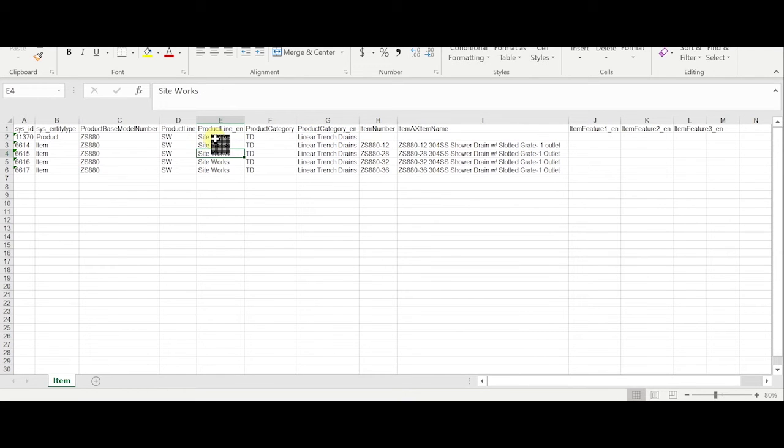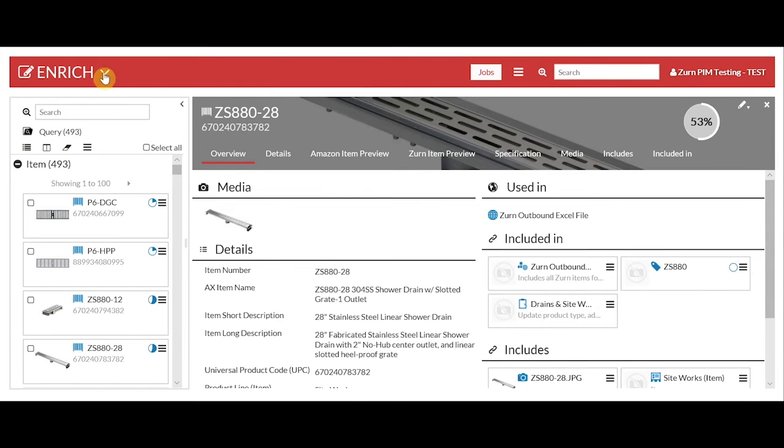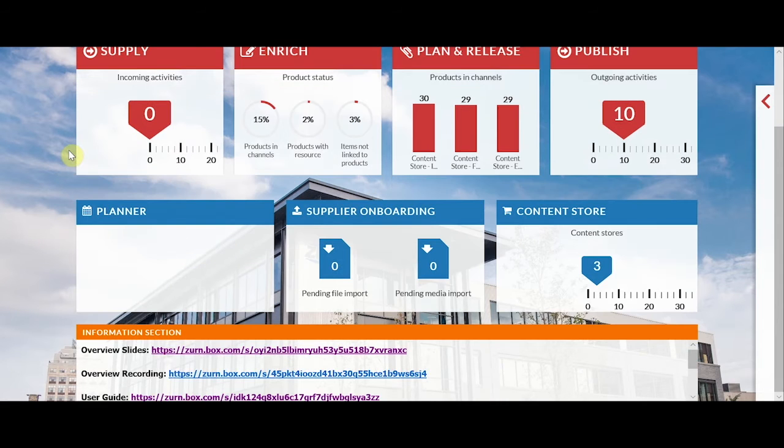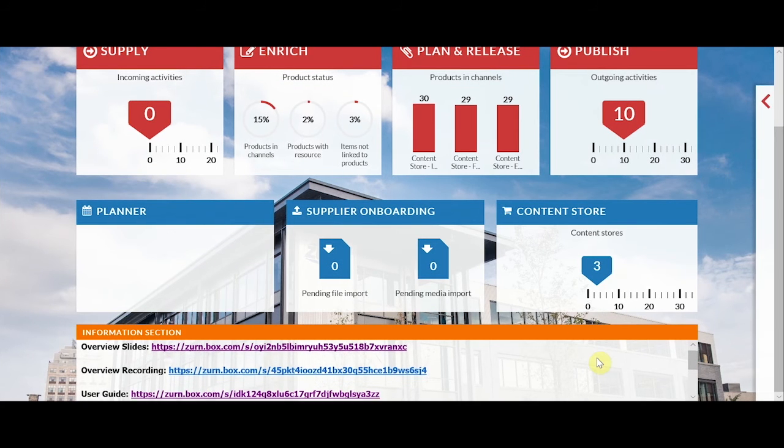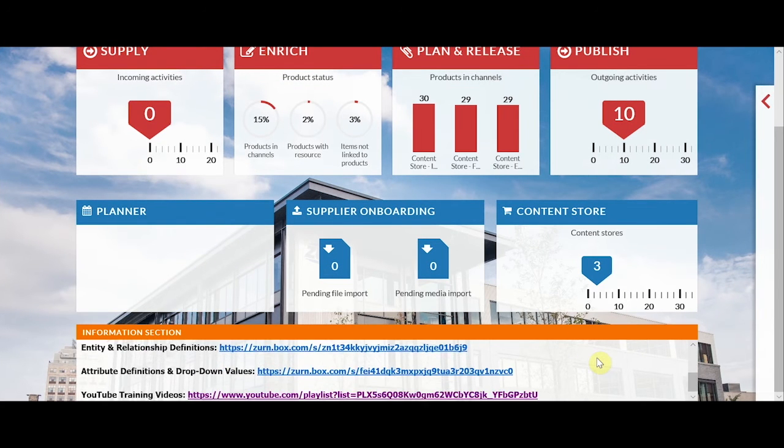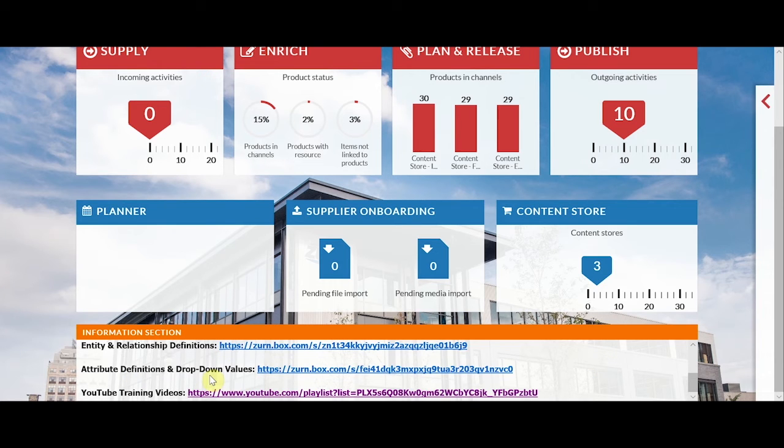The only reason I have them is for reference so that I know, oh, the product line is SiteWorks, populated with SW. But if you don't have all the CVL keys memorized, you can go back into the portal and then scroll down. And down here, there's an information section, and there is a link for attribute definitions and drop-down values.